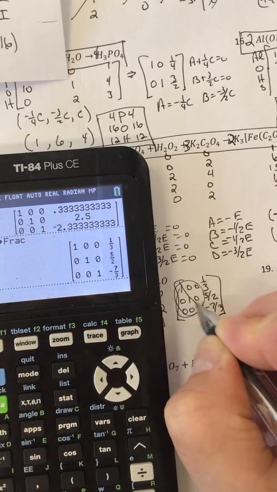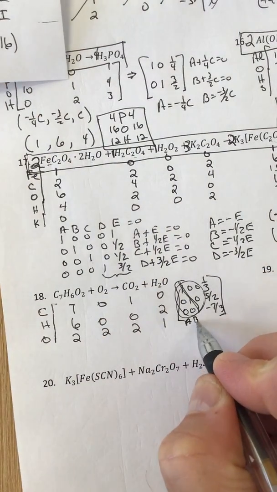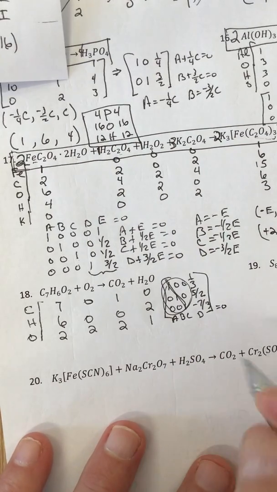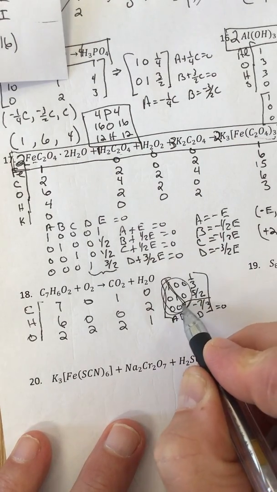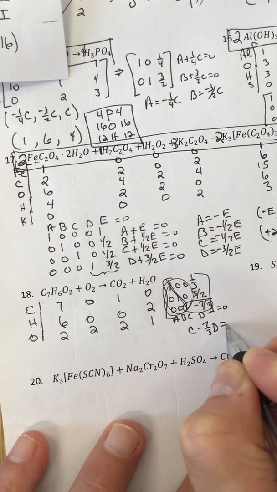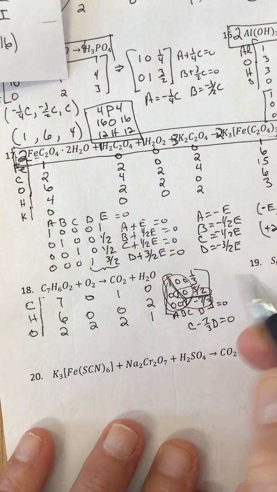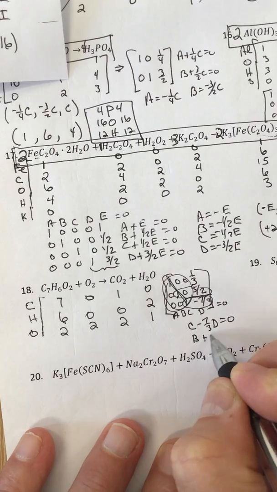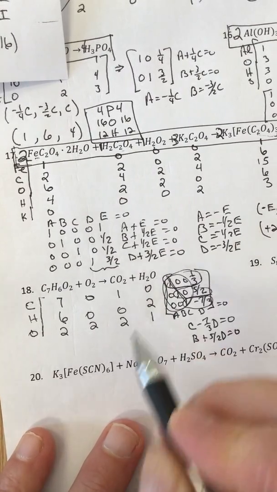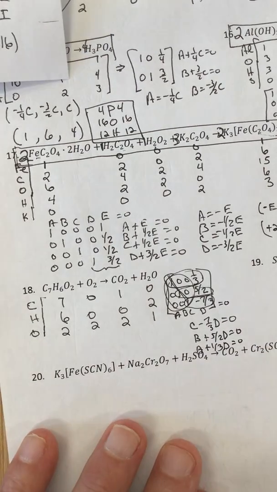So there's the row echelon diagonal. A, B, C, D equals 0. So this one right here is telling us that C minus 7/3 D equals 0. This one is telling us that B plus 5 halves D equals 0. And this one is telling us A plus 1/3 D equals 0.